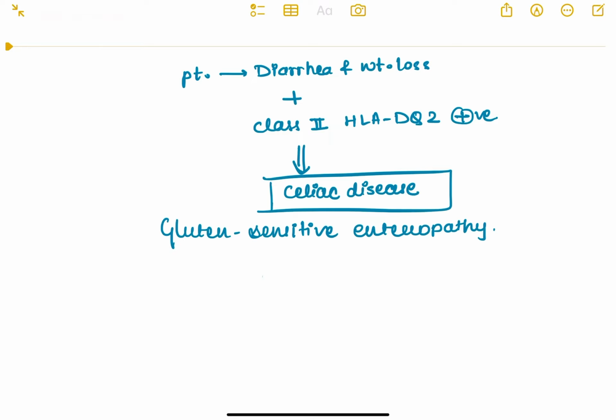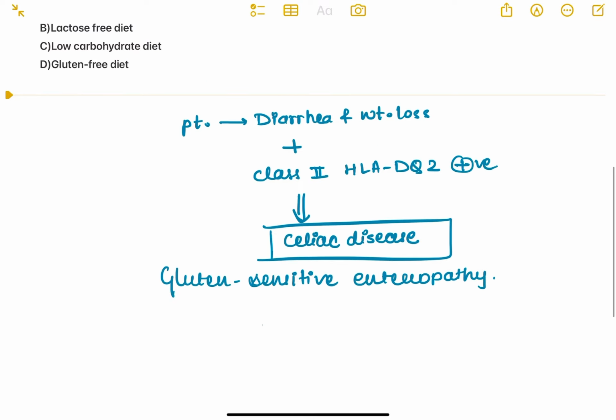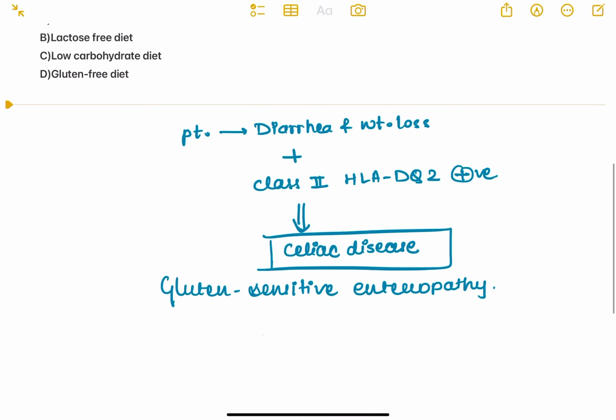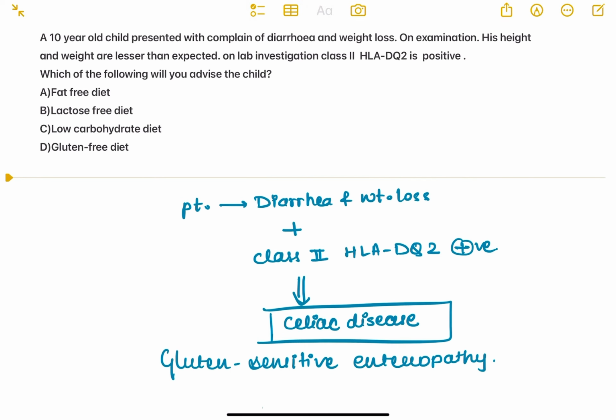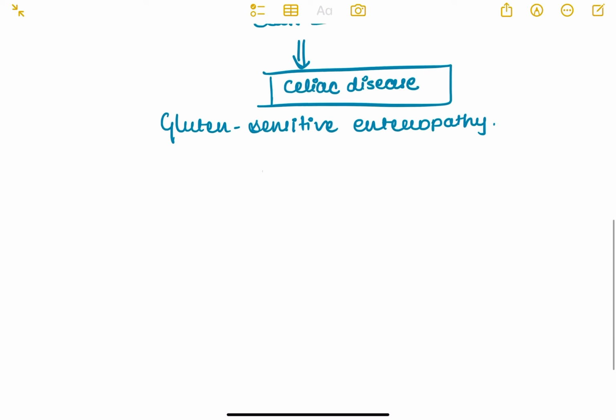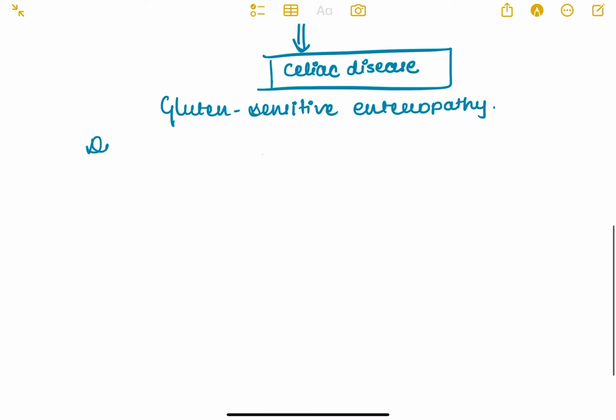So, to avoid this, we will advise the child to have a gluten free diet.